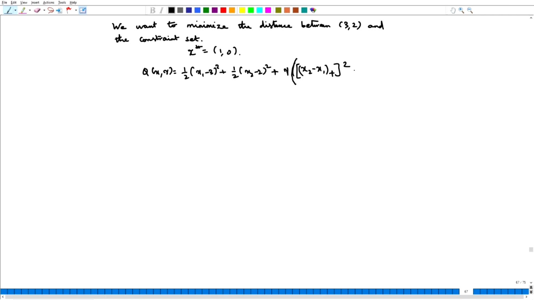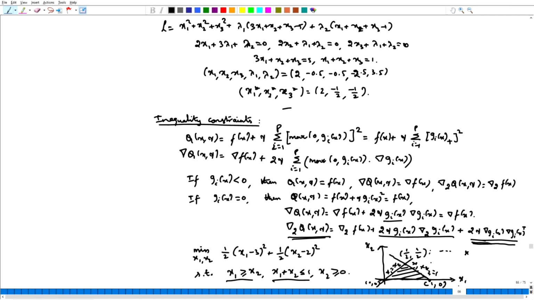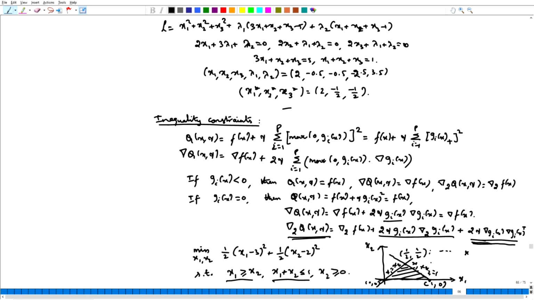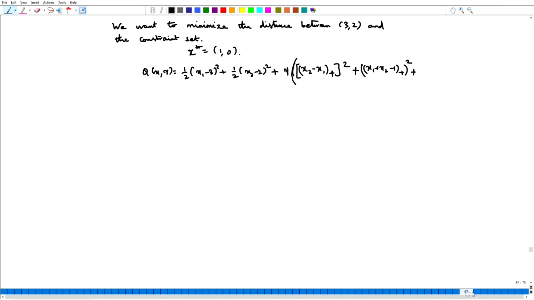The second one is x1 plus x2 minus 1 less than or equal to 0, so you will have (x1 plus x2 minus 1) plus the whole squared. And finally, you have x2 greater than or equal to 0, which means minus x2 less than or equal to 0. So, you have (minus x2) plus the whole squared. I will write it this way. So, this is going to be q of x, gamma.